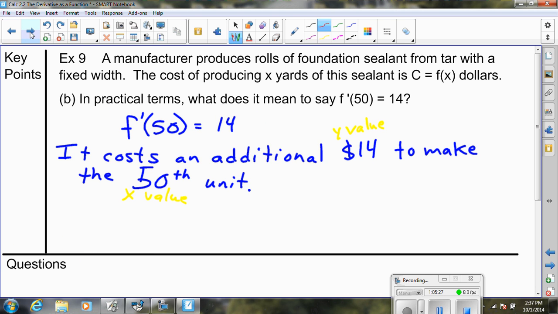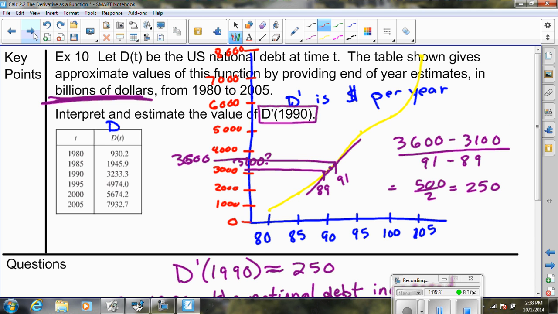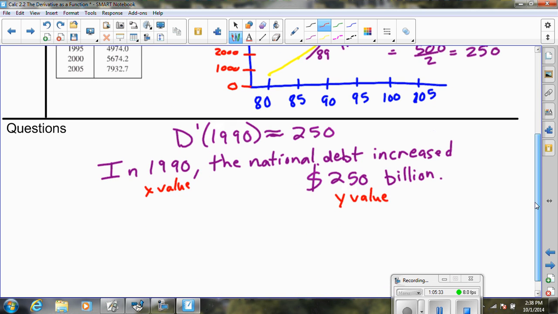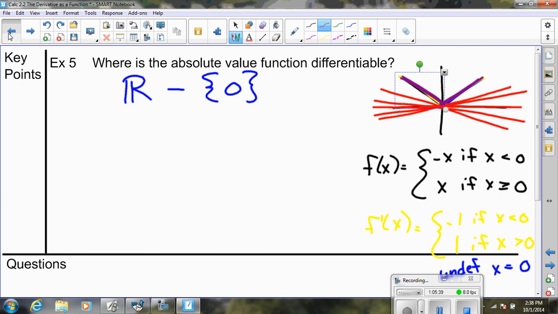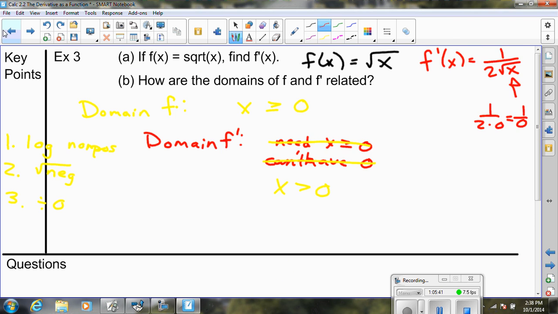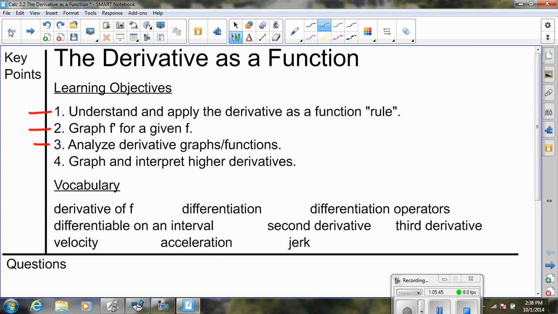The additional cost, where would you have more additional cost, and the rate of change in the national debt. Those are all problems that are looking like this learning objective. Those are analyzing derivatives.